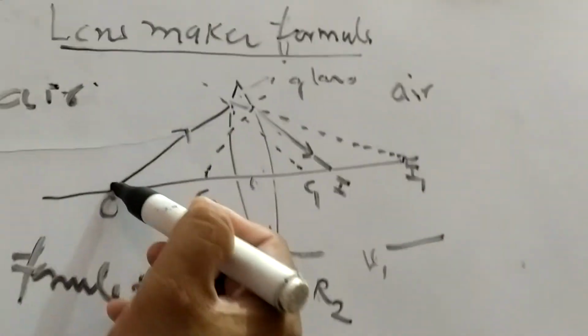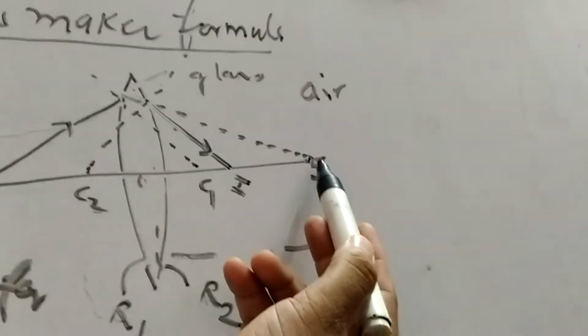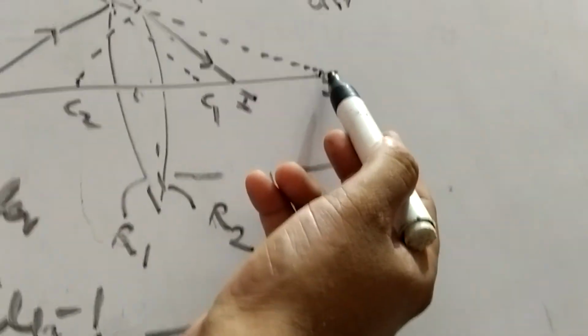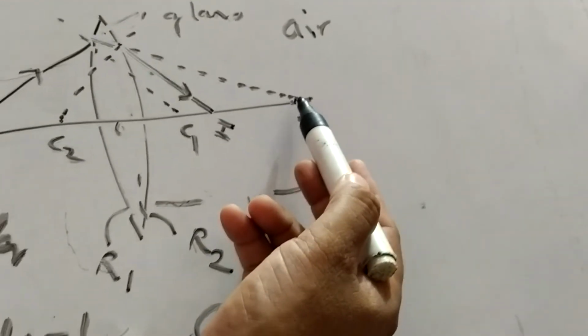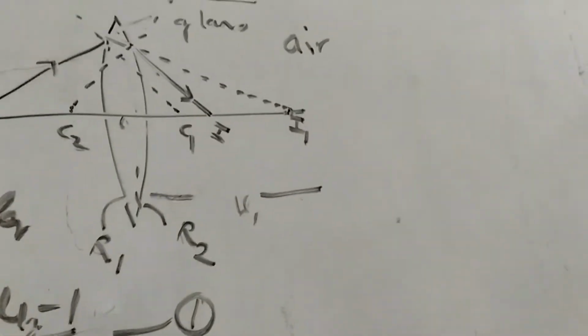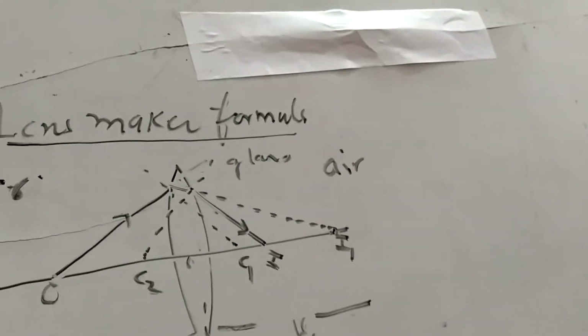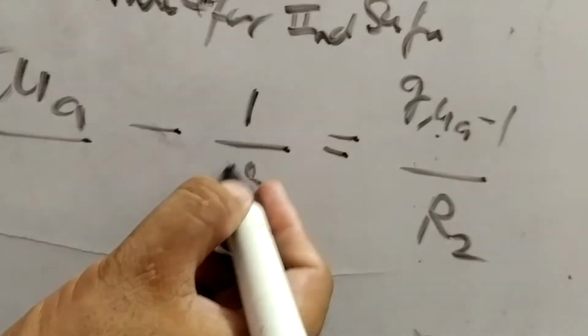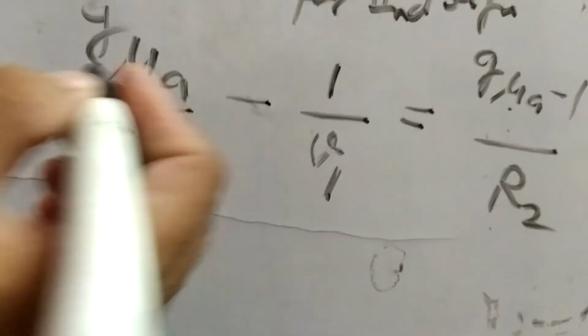I1. This I1, the image formed by the first surface, will work as the object for the second surface. So we can use V1 in place, and this is V.